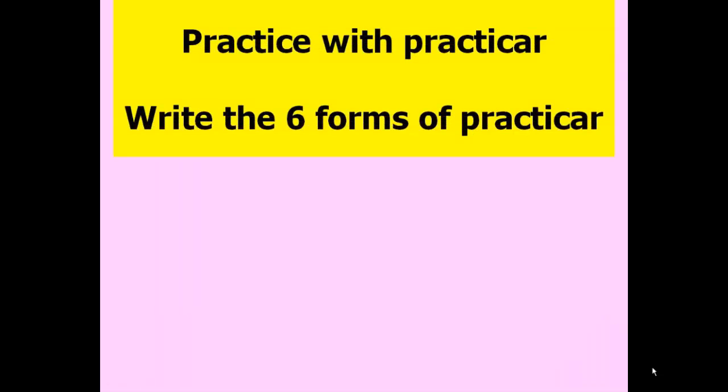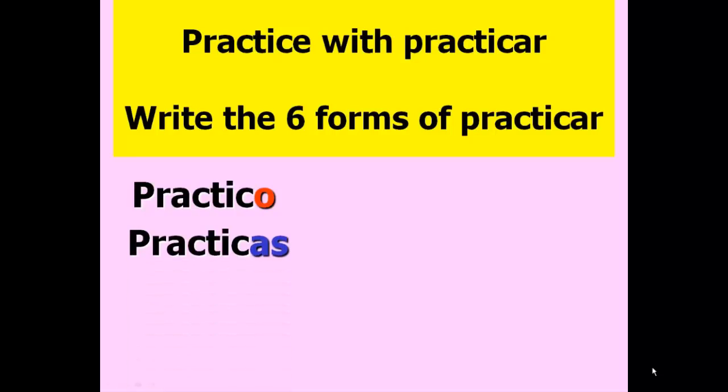Let's practice. First, take the verb practicar. Why not? Practice with the verb practice. To practice, practicar. You would remove the AR ending, and what would you write for the yo form? I practice, practico. The tú form, you practice, practicas.